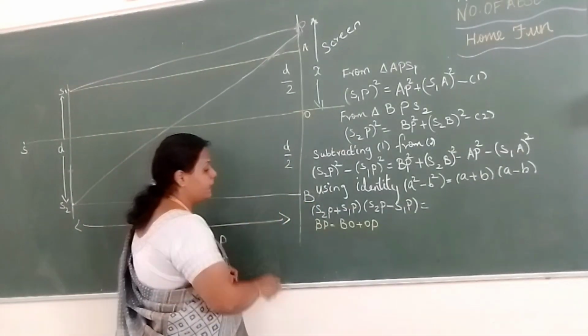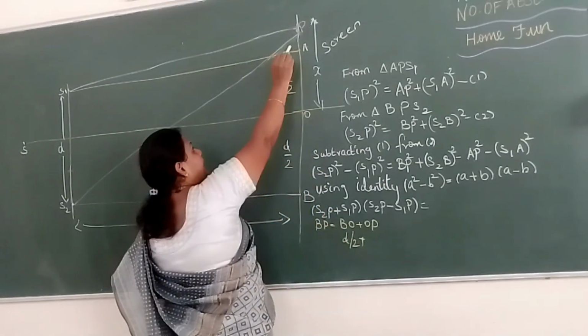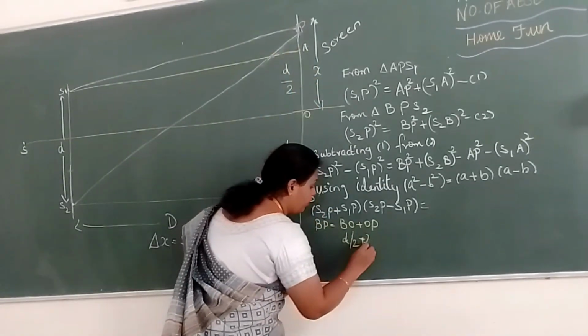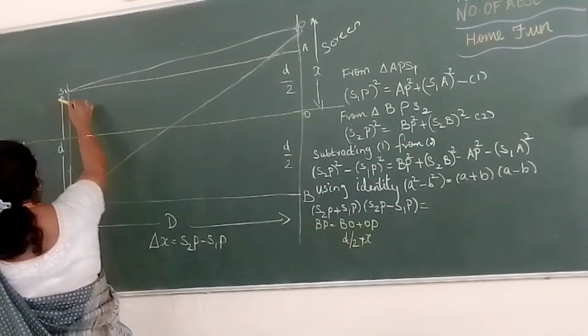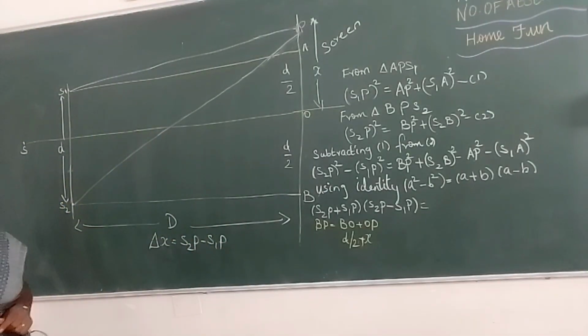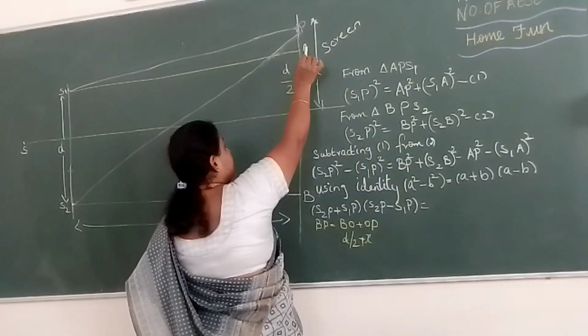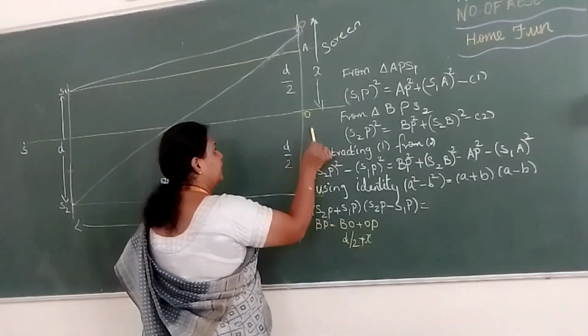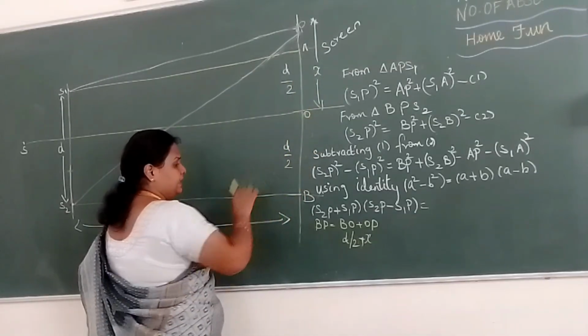That is d by 2. And O to P is x. Okay? So, yes, we all know the distance between the two slits is small d, and if you bring the d here, from here to here it is small d, that this part carries d by 2 and this part carries d by 2.